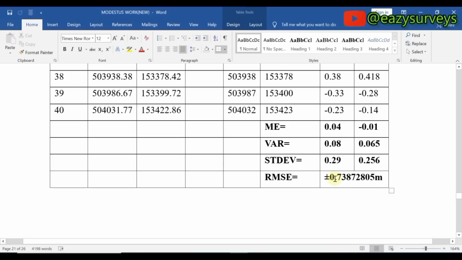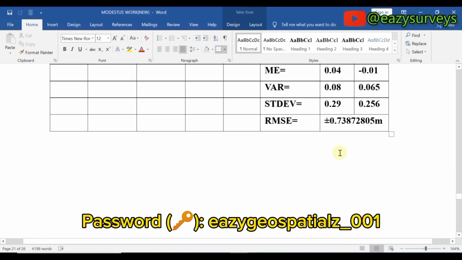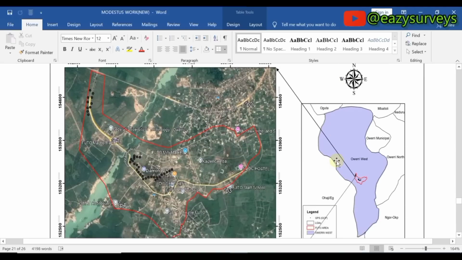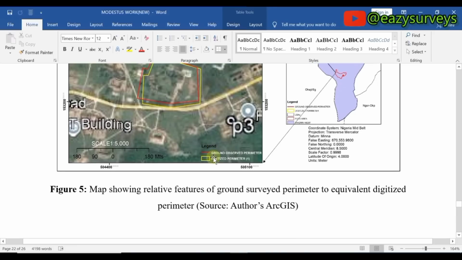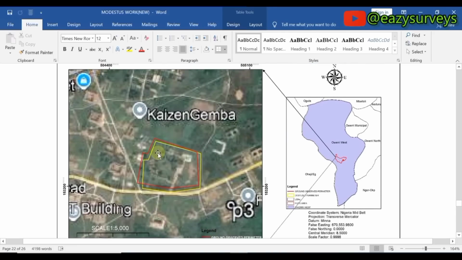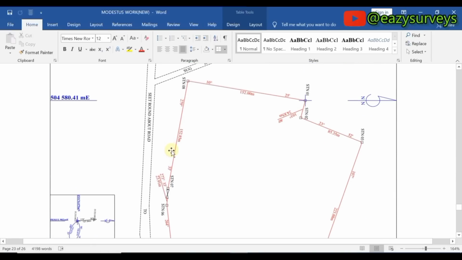So you can see that it is much more than the 1 centimeter accuracy requirement for cadastral surveys, and that is the essence of this project. So we have shown the relative shift between the ground perimeter and the digitized perimeter.